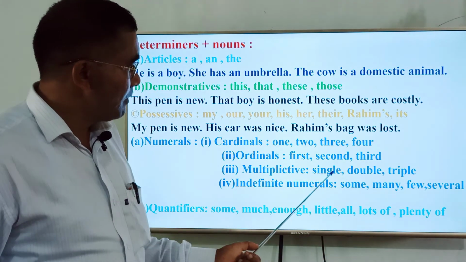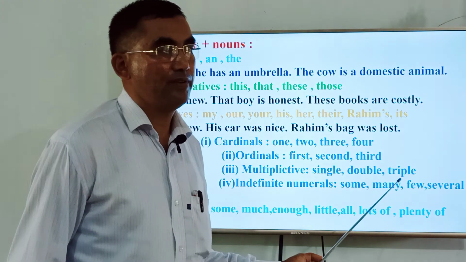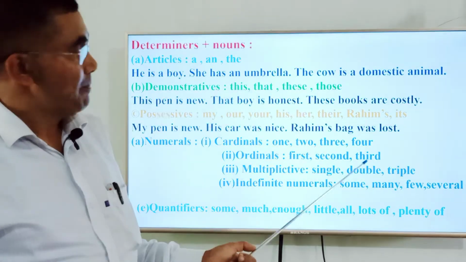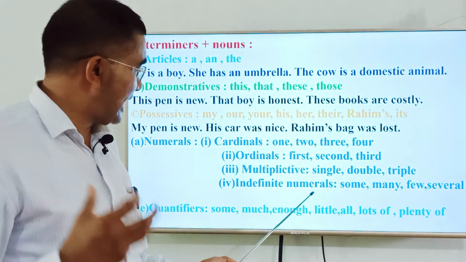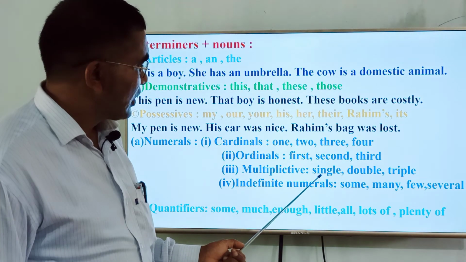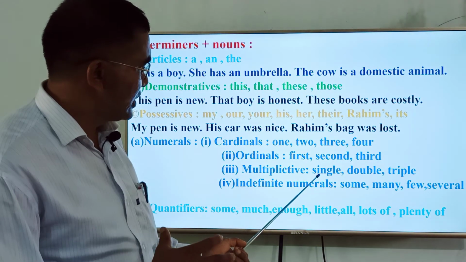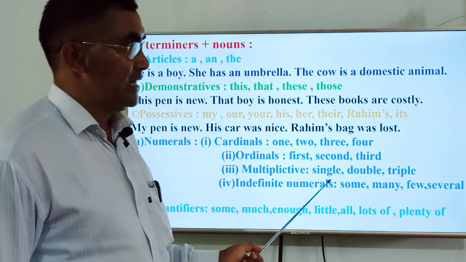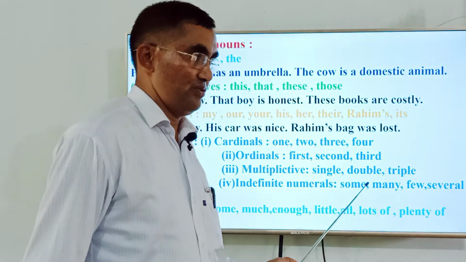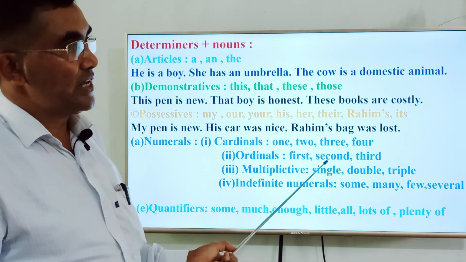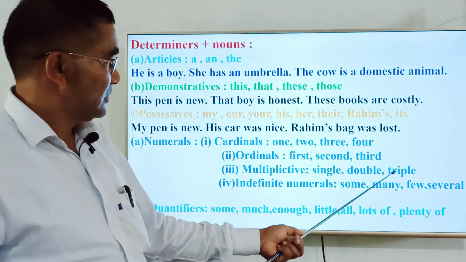So these are the words that give the idea of multiplication. That means if we use these words, we put in noun words. As for example, he paid the double postage. He paid the double fare.